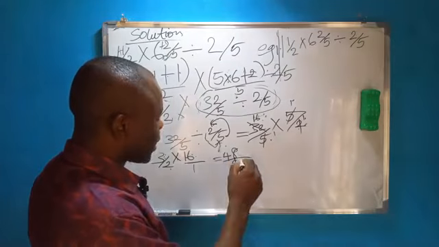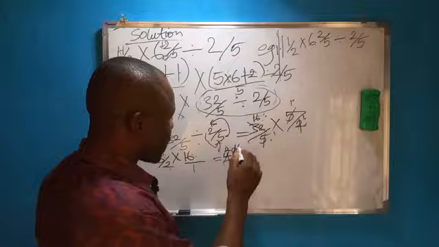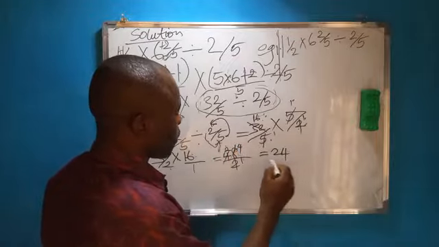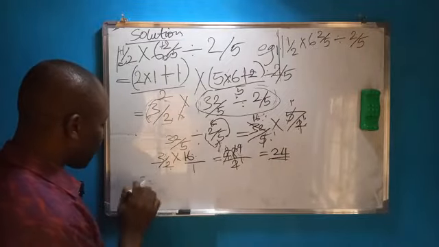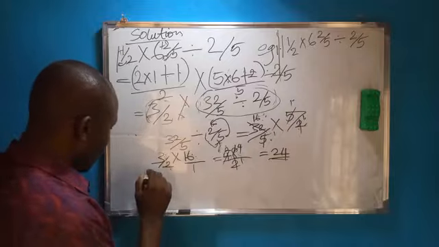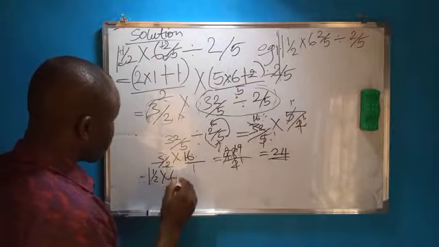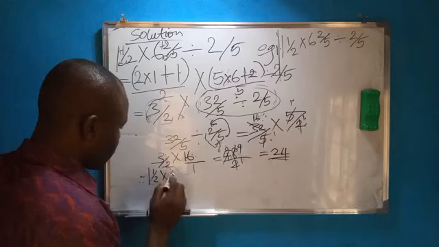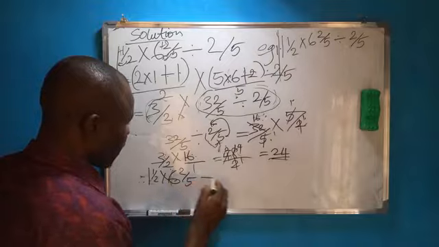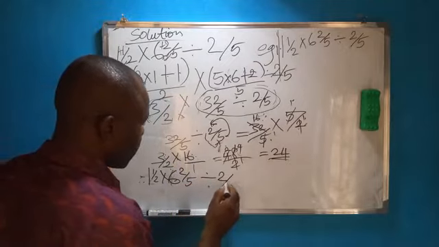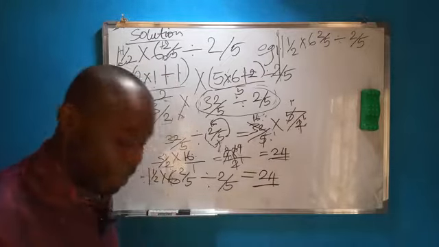Then 2 divides 4, 2. 2 divides 8, 4. It is equal to 24. And this is your answer. Therefore, 1 over 2 times 6 whole number 2 over 5 divided by 2 over 5 is equal to 24, and this becomes your answer.